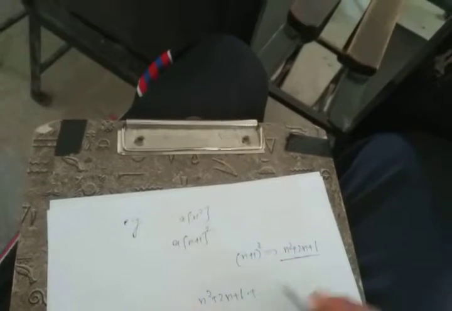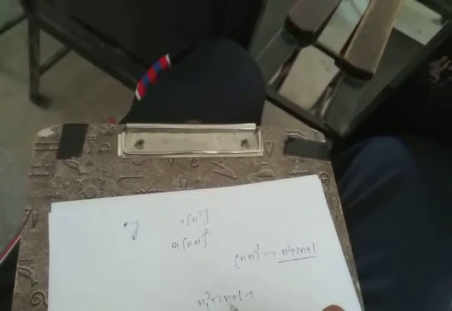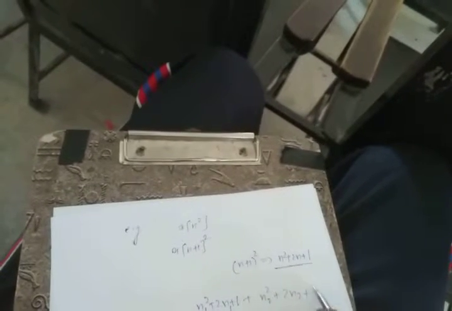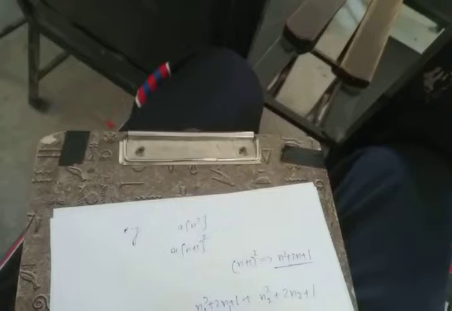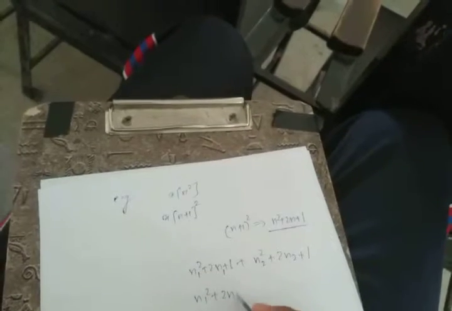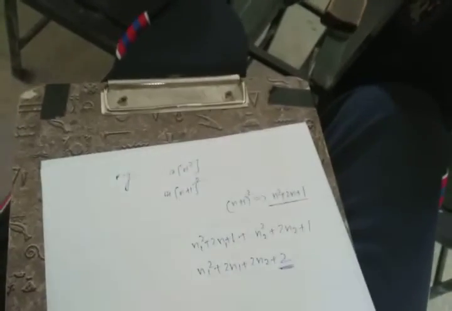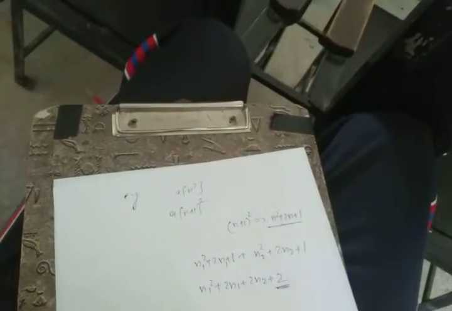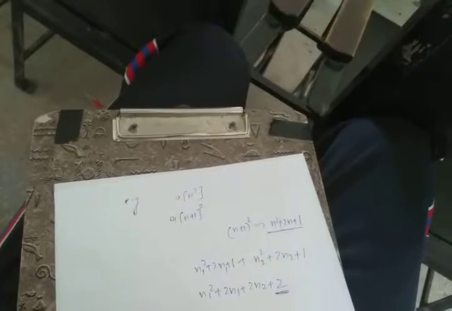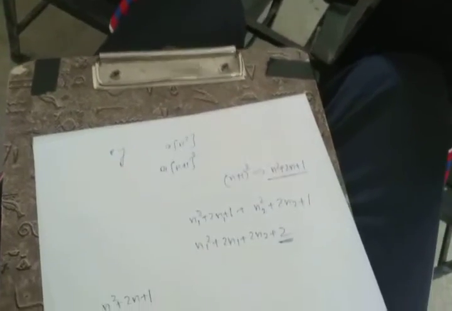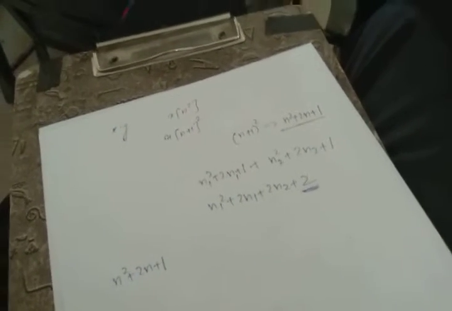If we take two inputs, n1 square plus 2 n1 plus 1 and n2 square plus 2 n2 plus 1, then it gives n1 square plus 2 n1 plus 2 n2 plus 2. But we did not have the value of our system in the sum. We just have n square plus 2 n plus 1, and the same for the second. So this system is not a linear system.